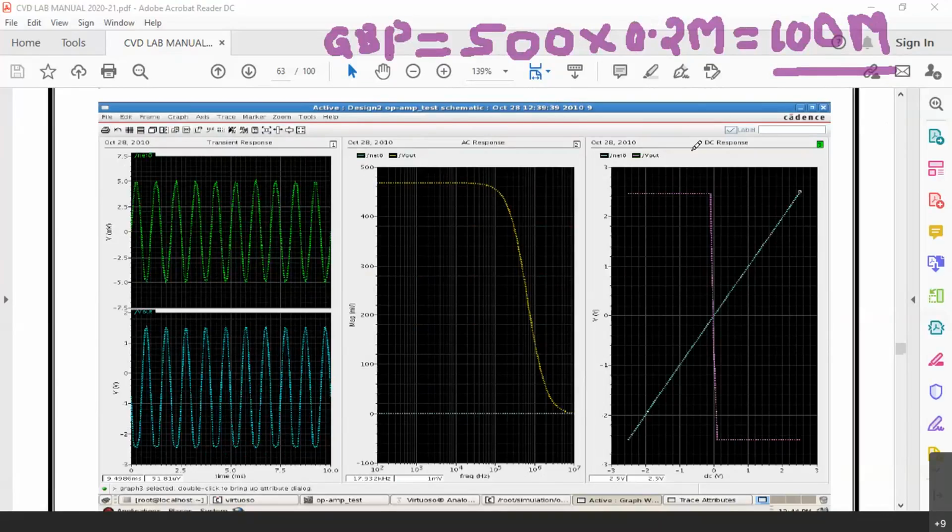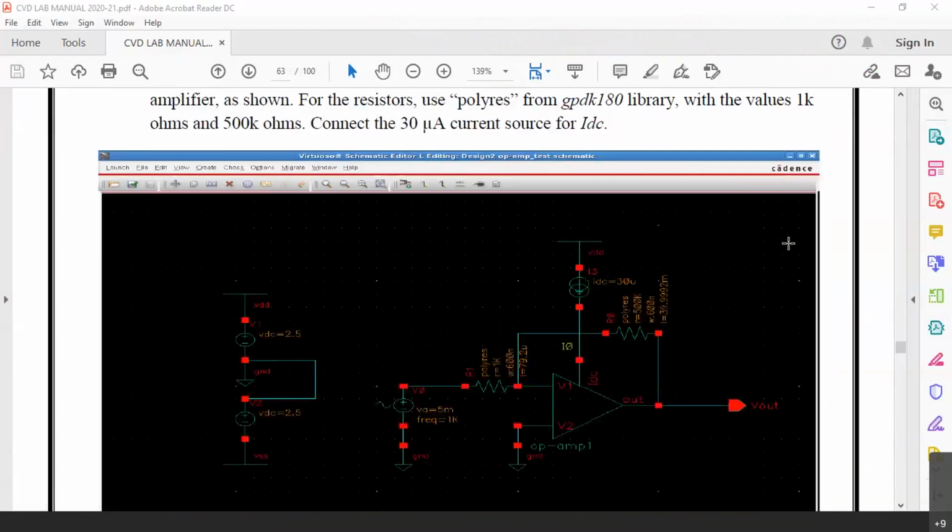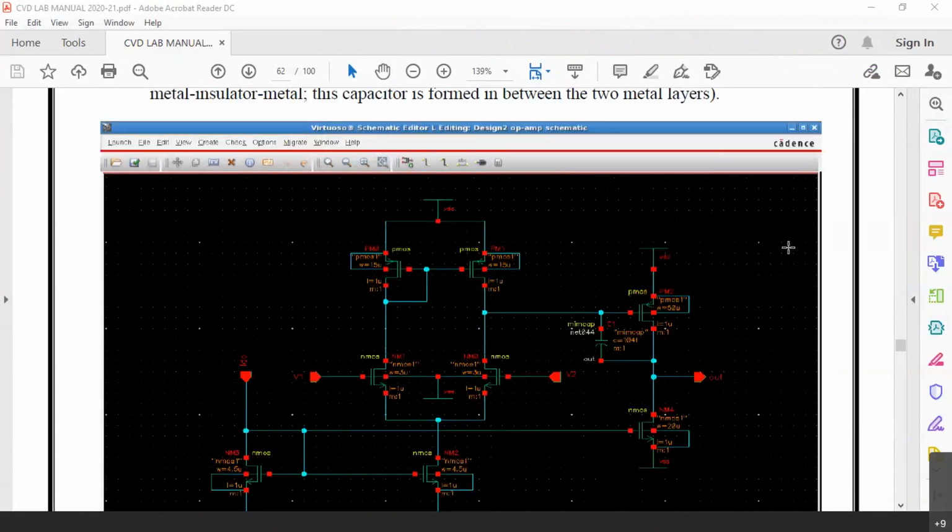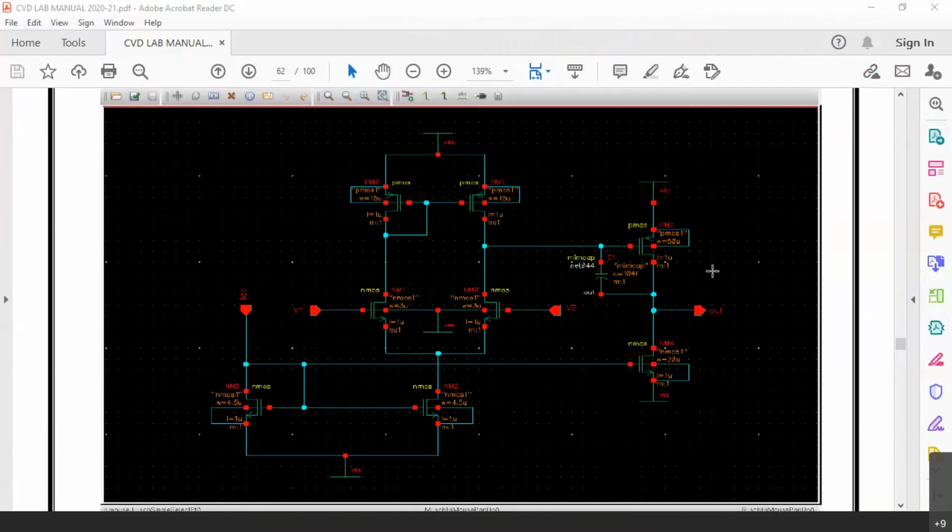The reason is at the output, you have a common source amplifier which has an added parasitic capacitance. Let me show you the circuit diagram. You can see here the common source amplifier: the P MOSFET is 50 microns and the N MOSFET is 20 microns. You know that C is equal to epsilon into A by D, right? A is what?